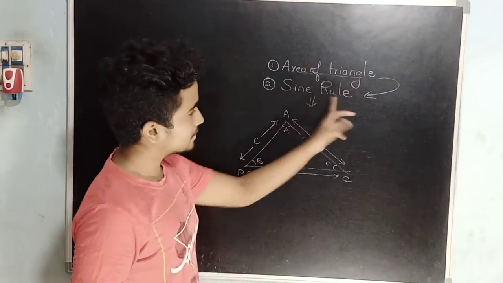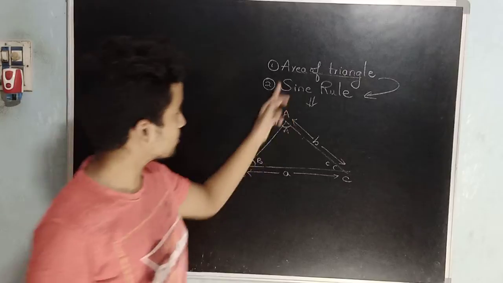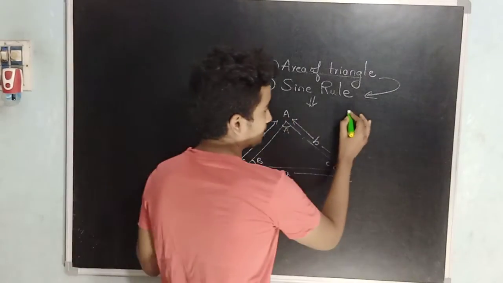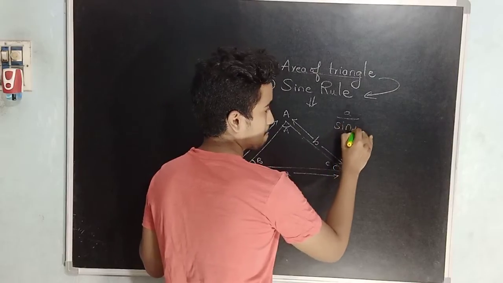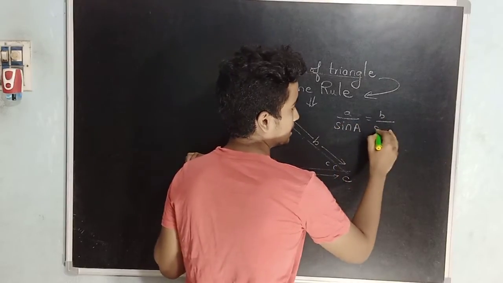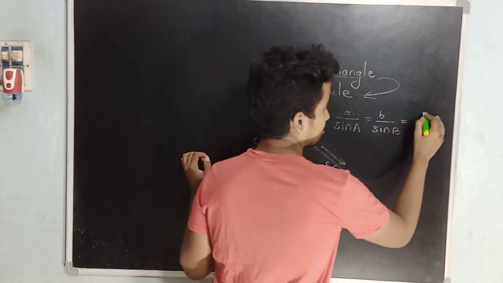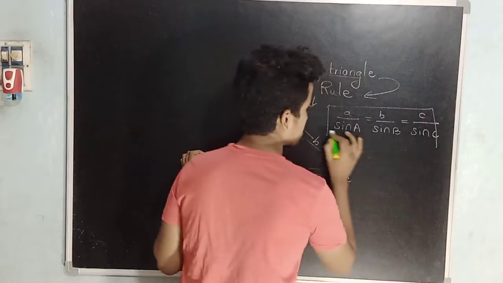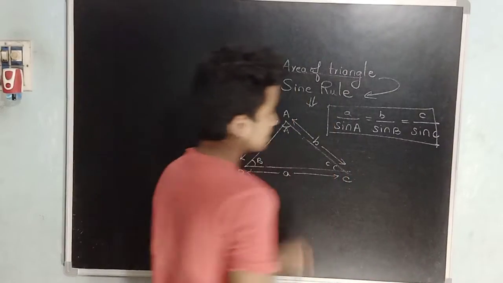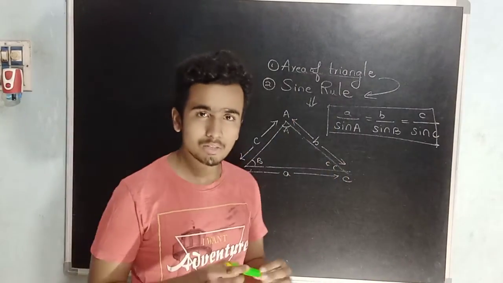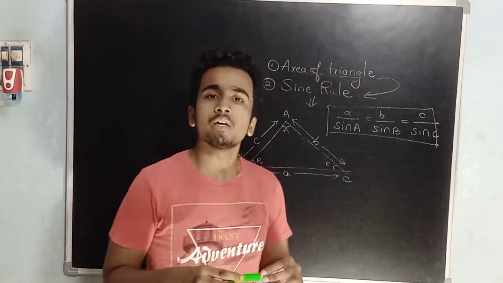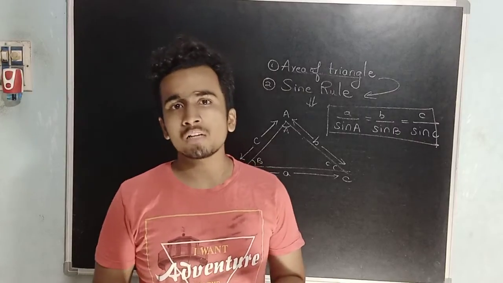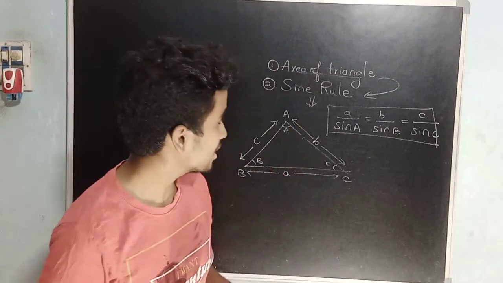As per the sine rule, which was derived from the concept of area of triangle, a by sine A is equal to b by sine B is equal to c by sine C. This is the most important formula, which is going to be useful in understanding the further concepts as well as solving many numerical questions.